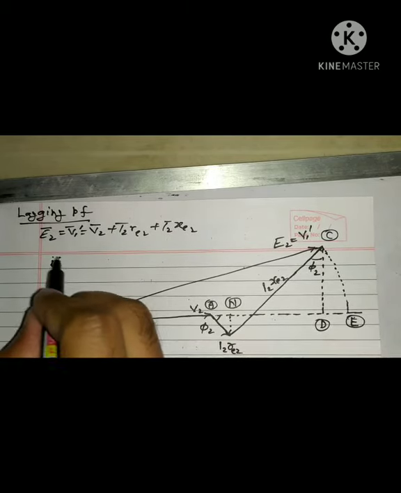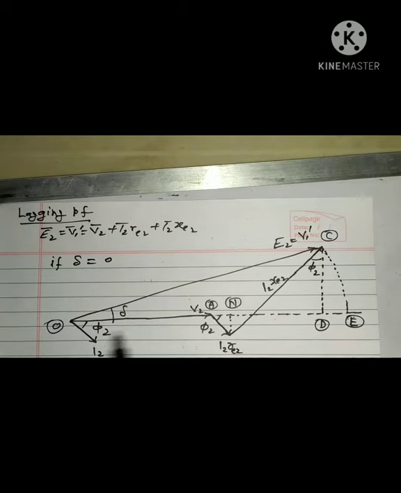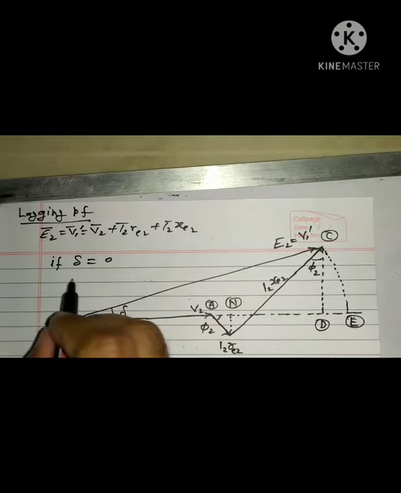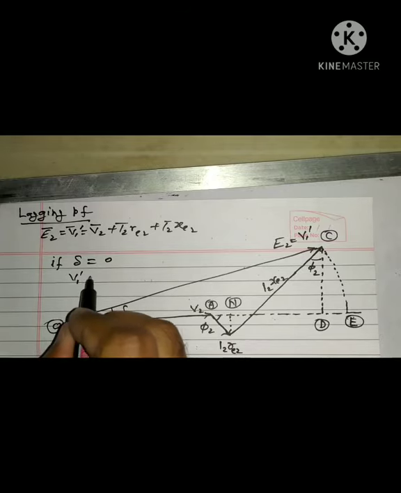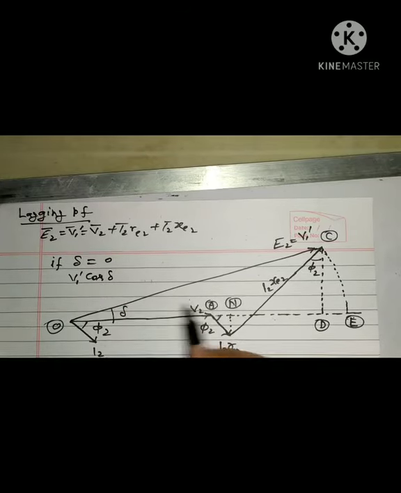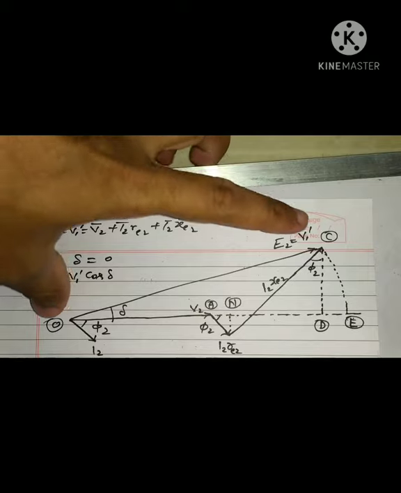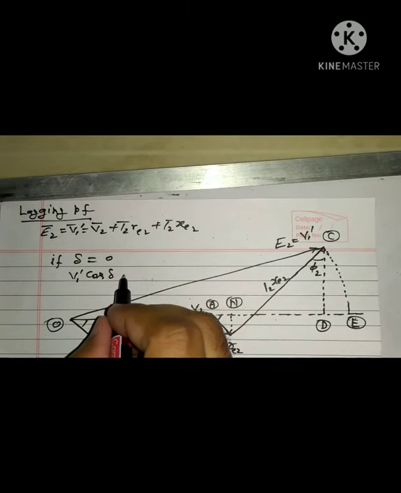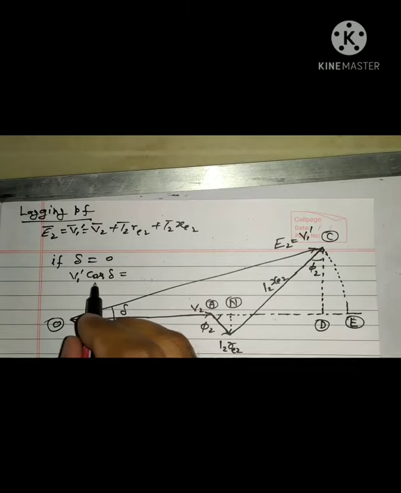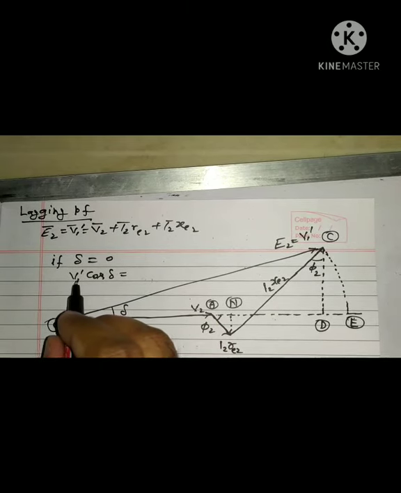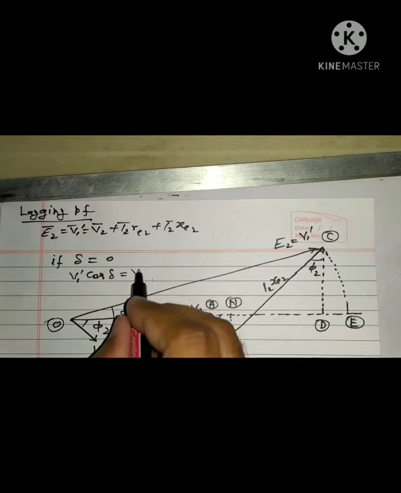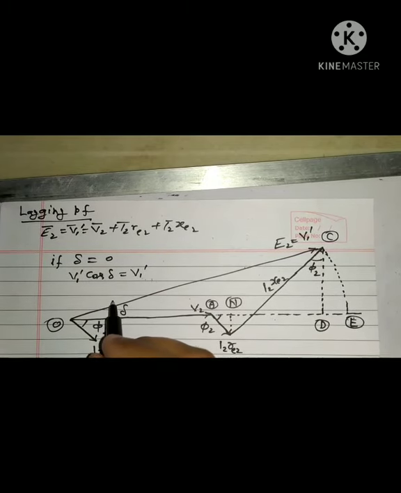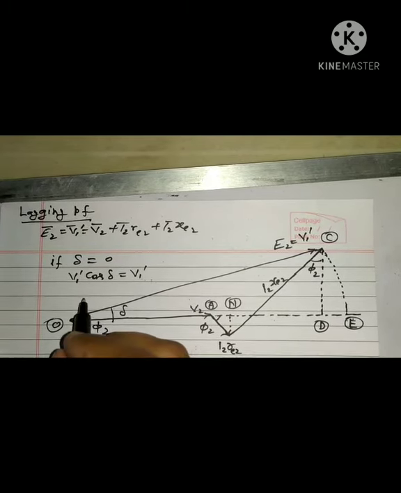So if delta is 0, then V1 dash cos delta, this value, that is the x component of this one, equals V1 dash only, since cos 0 is 1.